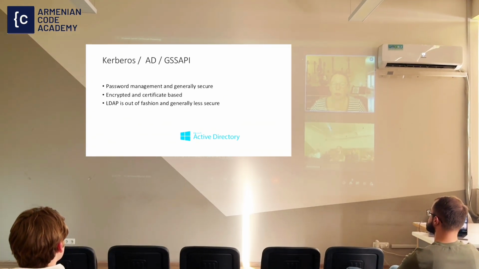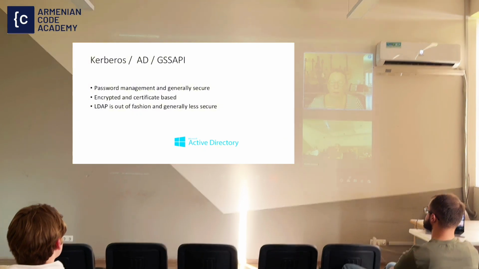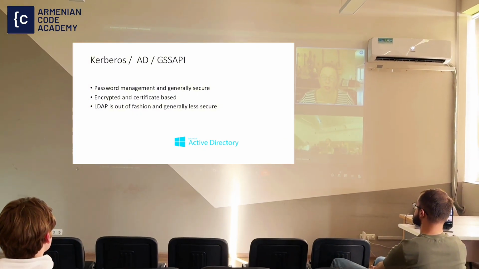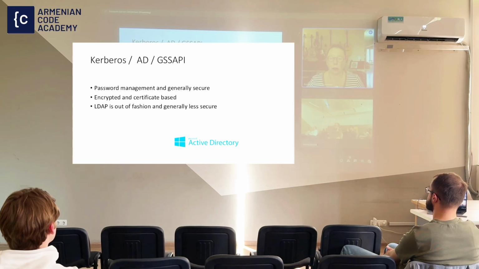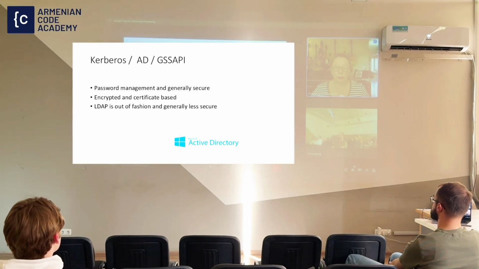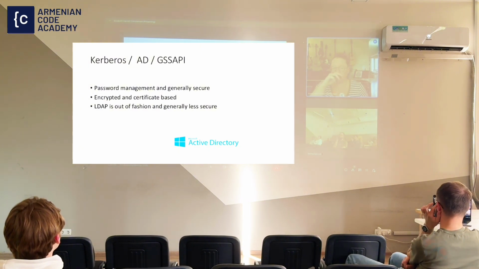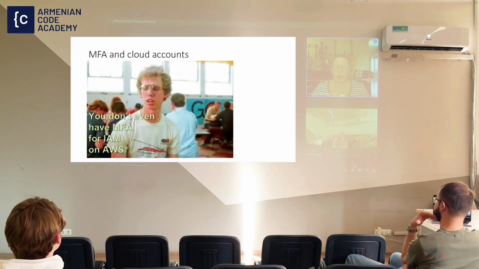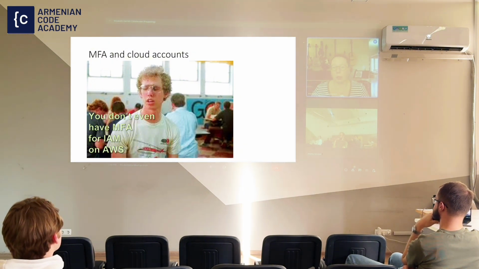There used to be people that used LDAP, but most people don't like it, and with Postgres, Kerberos is what modern people will turn to. And then if you're using some kind of cloud, so if you're on Amazon RDS, or you're using Crunchy Bridge, you want to make sure that you have some kind of multi-factor authentication. Some way to make sure that people are who they say they are.